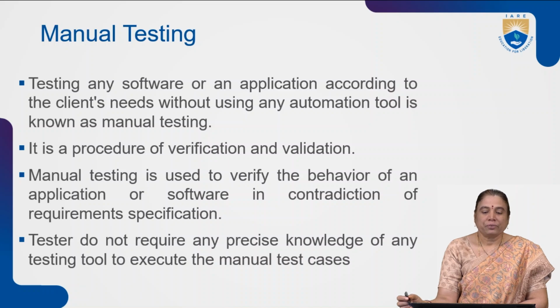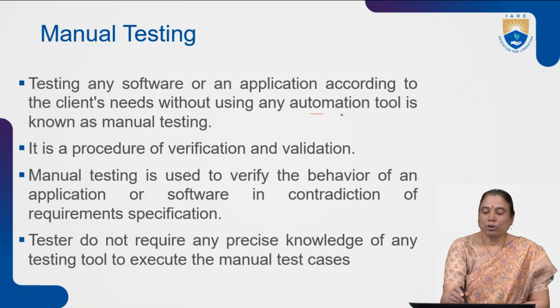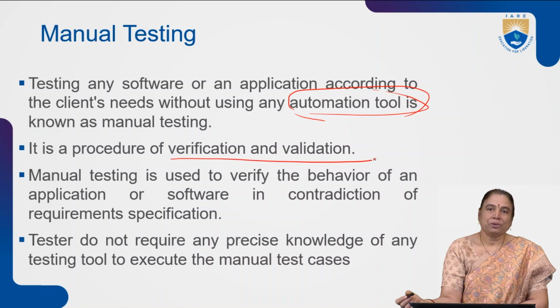What is manual testing? Testing of the software or an application according to the client need or requirement without using any automation tool. So, without the need of an automation tool, it is verified that the client requirement is satisfied by the developed software. It is a process of verification and validation of the customer requirements and the functionality of the application.